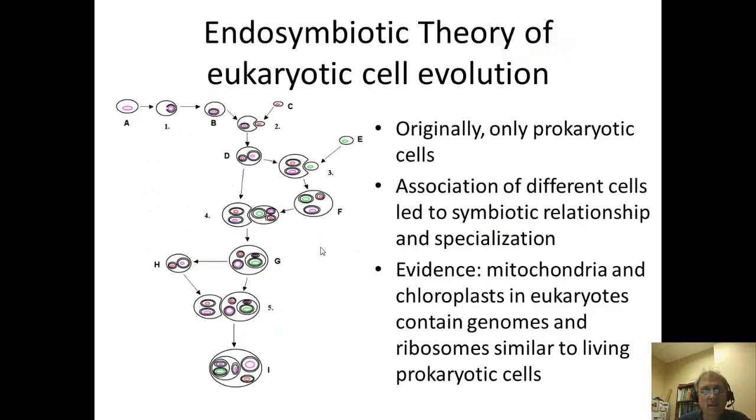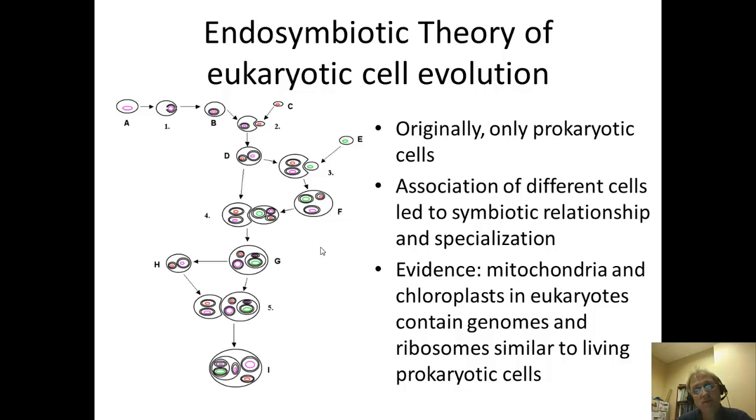Now, the presence of chloroplasts and mitochondria with their own DNA and their own ribosomes is used as one of the key pieces of evidence for this theory of evolution that explains the origin of eukaryotic cells.